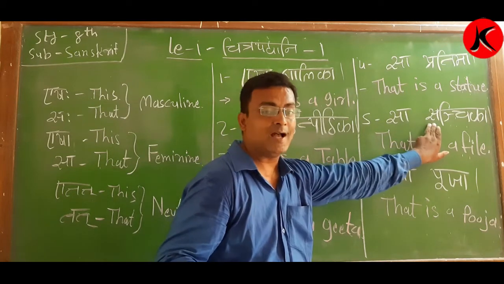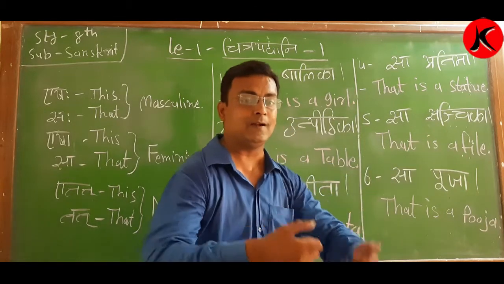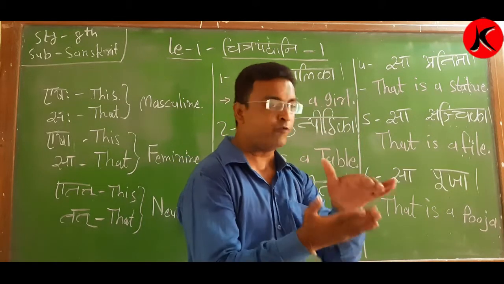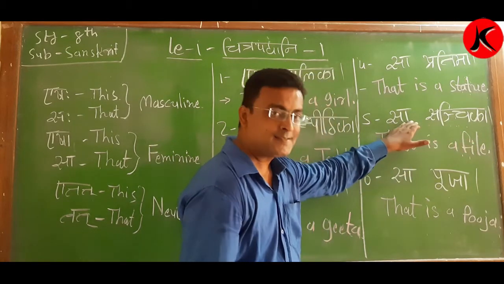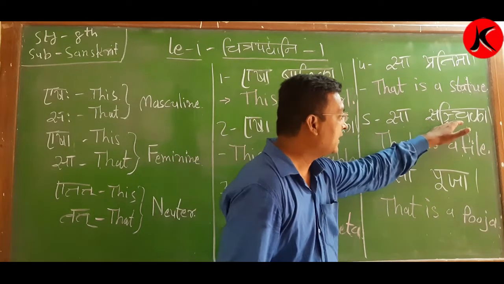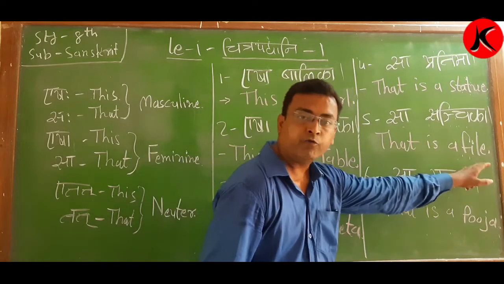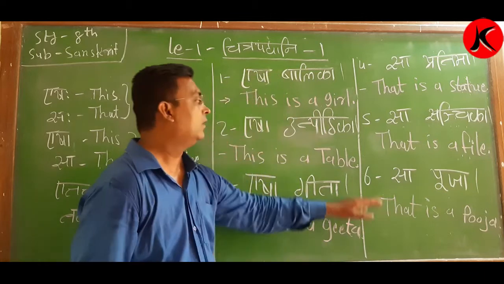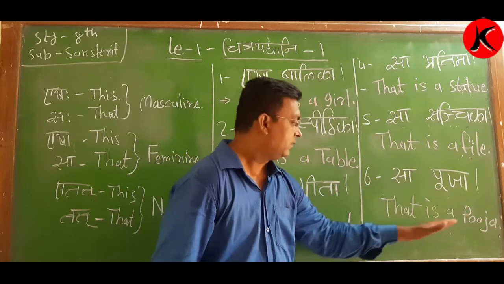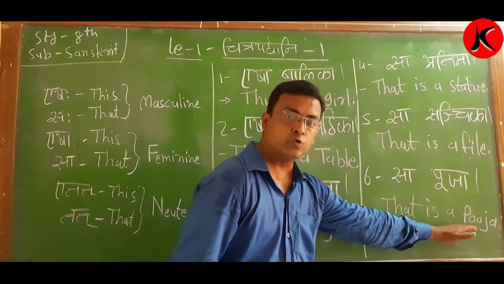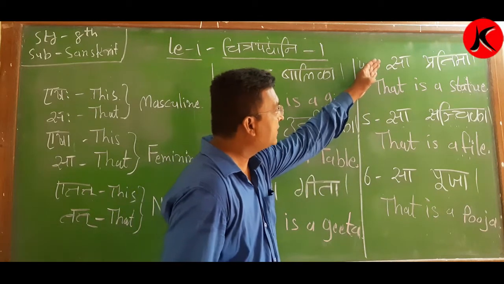Sanchika means file, जिसमें सारे कागज हम इकट्ठा करके फाइलिंग करते हैं, वो फाइल. Sa means that, and Sanchika means file. That is a file. Sixth one, Sa Punja. That is Punja. So the meaning is the same for Sa.